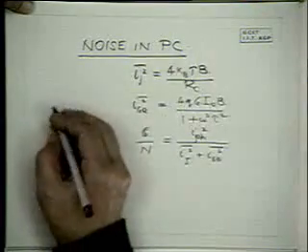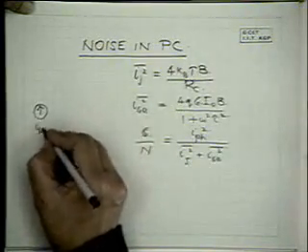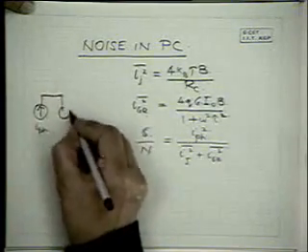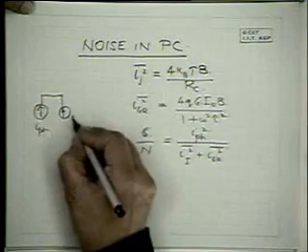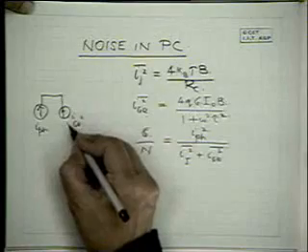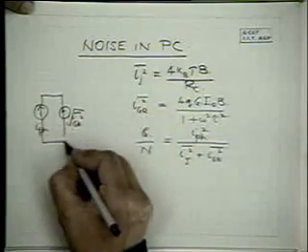Based on this, one can draw an equivalent circuit. Iph, then you have the generation recombination source.